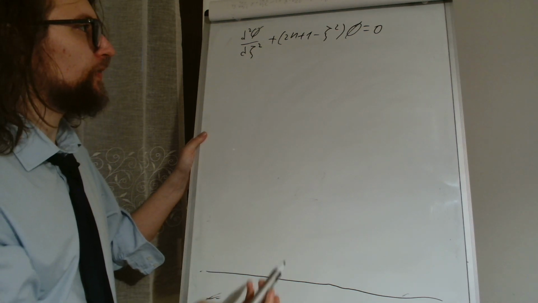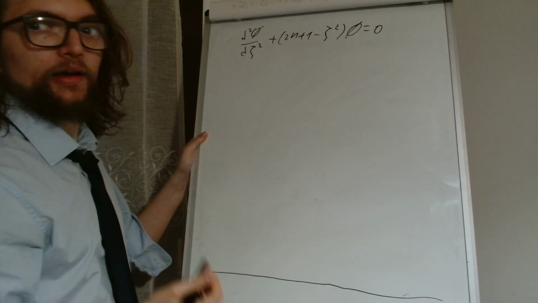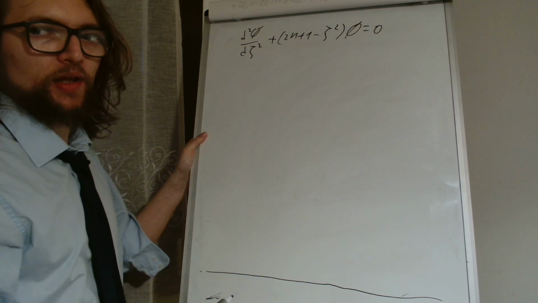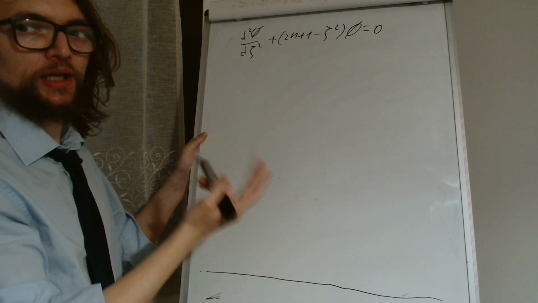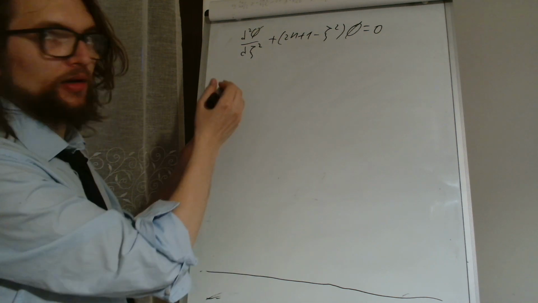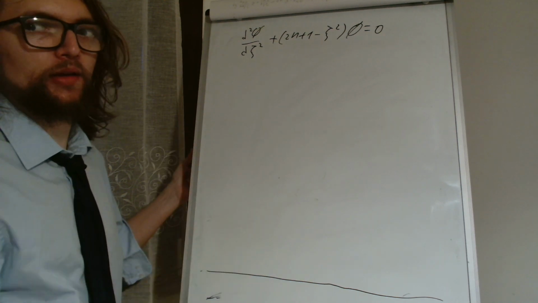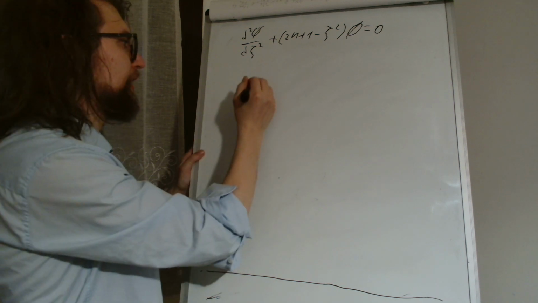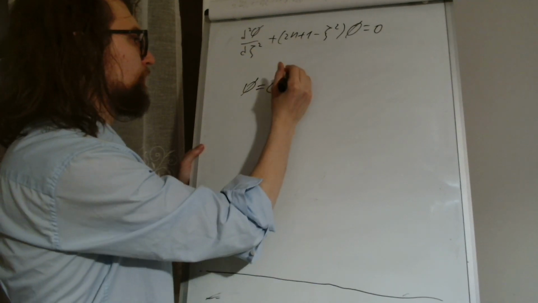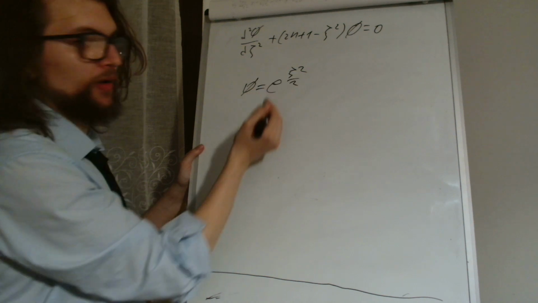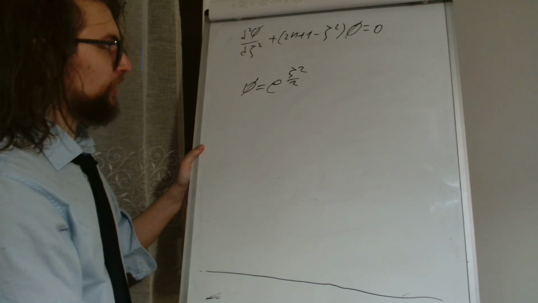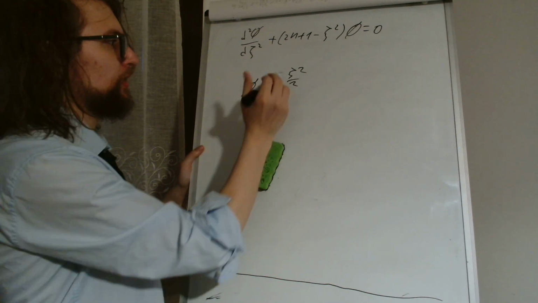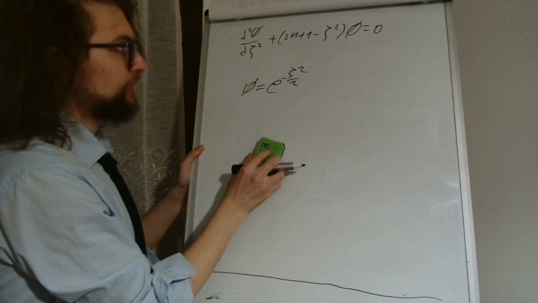In fact, for the wave function to have a physical meaning, it must be normalizable, and in particular it must go to 0 at infinity, because otherwise it is not normalizable. So we can't have, for example, an exponential form of the wave function like this, because it goes to infinity, we can have it with a minus sign, for example.